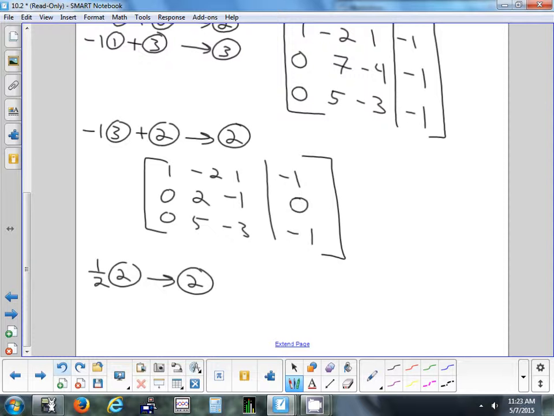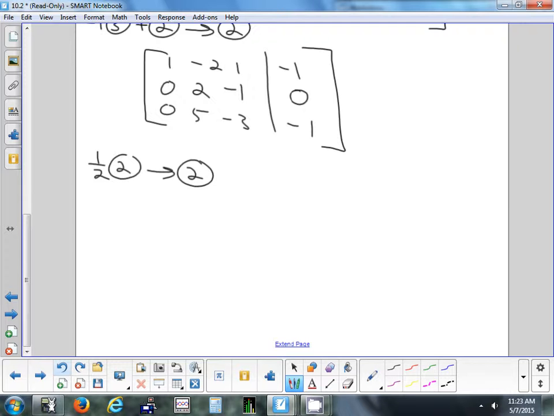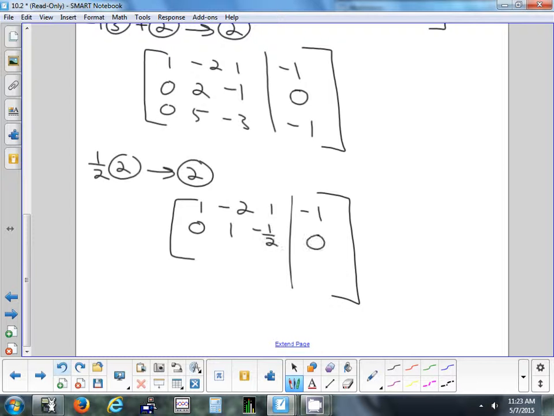We're spending a lot of time copying down the same thing, and not much is changing, but that's the way this goes. Take half of everything in row 2. 0, 1, -1/2, 0. Not a bad fraction. And because we got a 0 in this last spot, we don't even have a fraction here. So that step we just did previously worked out pretty nice.